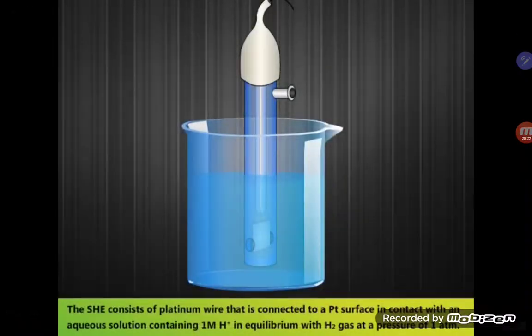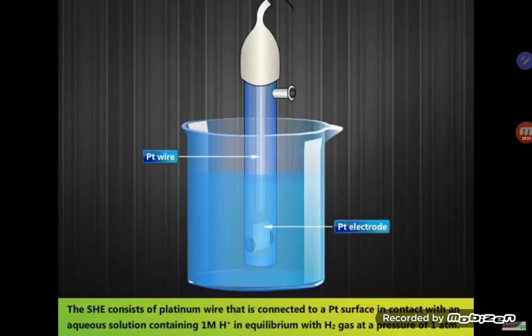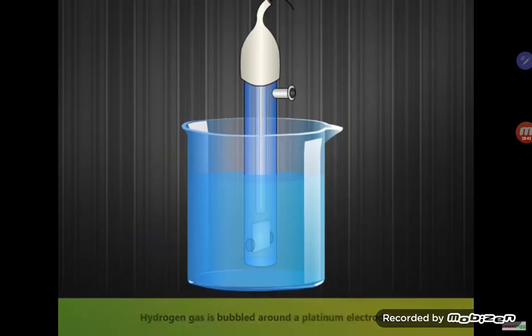The SHE consists of platinum wire that is connected to a Pt surface in contact with an aqueous solution containing 1 M H plus in equilibrium with H2 gas at a pressure of 1 atmosphere. Let's take a look and see what happens at the standard hydrogen electrode. In this hydrogen electrode, hydrogen gas is bubbled around a platinum electrode.